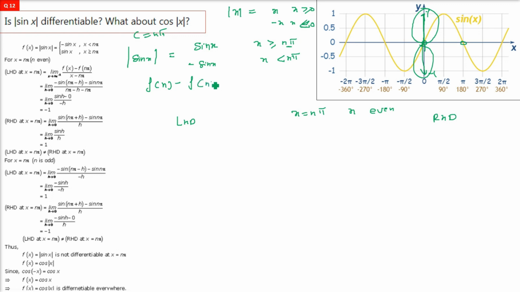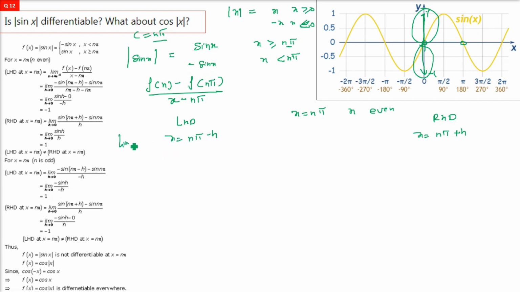So f(x) minus f(c) by x minus c. This c is n pi here. So left hand derivative, what do we do? x equals n pi minus h we'll put. And on the right hand derivative, we'll put x as n pi plus h. So put it in this formula, f(x) minus f(n pi).